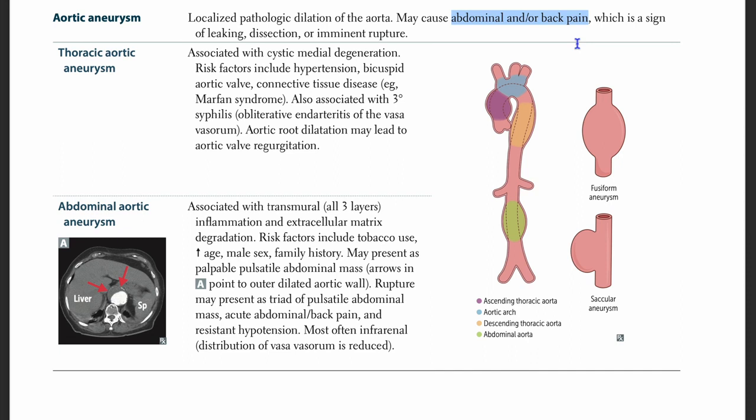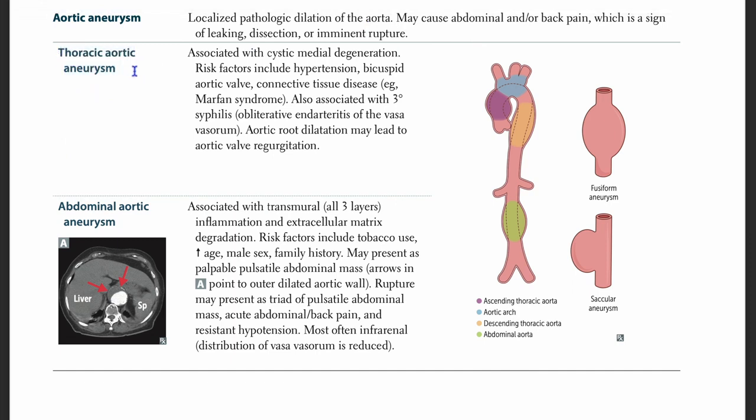Okay, so localized pathologic dilation of the aorta may cause abdominal and/or back pain, which is a sign of leaking, dissection, or imminent rupture. Also, heart attack in females would give you back pain as well. Normally you hear about it in the chest, but it can be in the back as well. But for that, they'll give you an ECG or some kind of CK-MB or troponin markers.